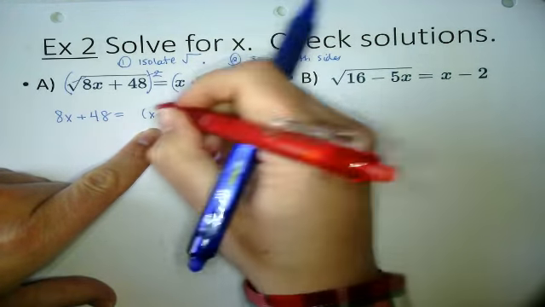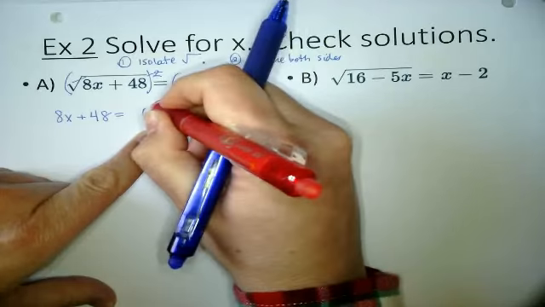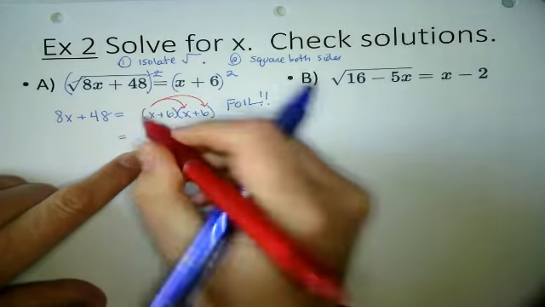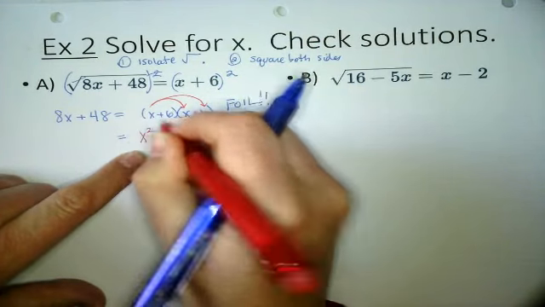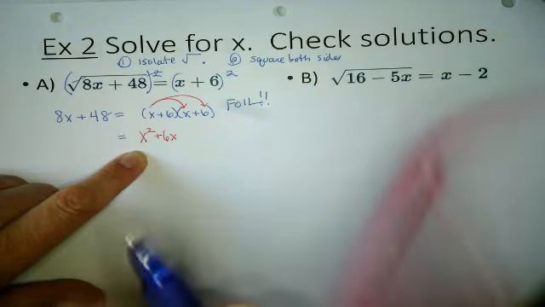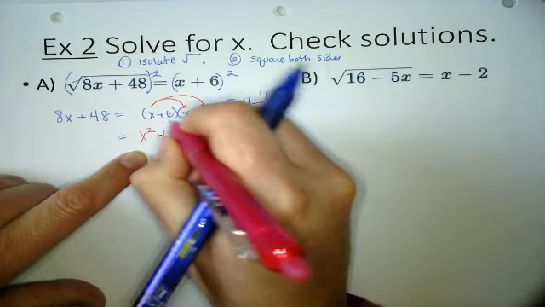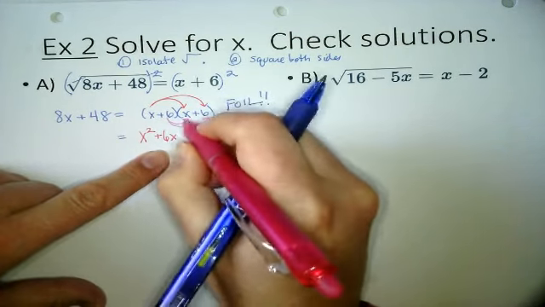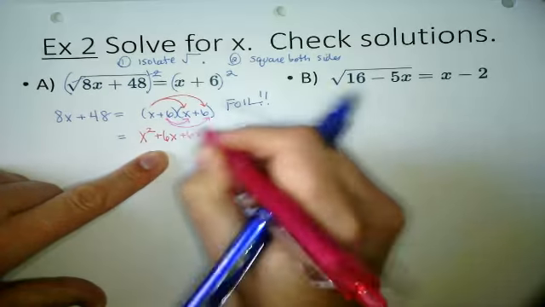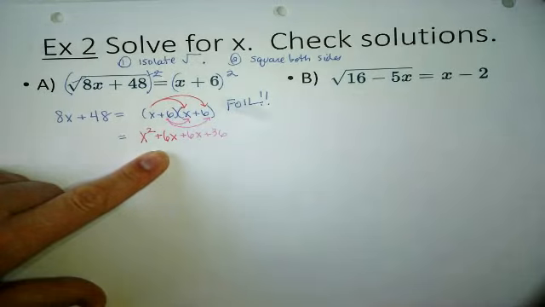So we are going to do that. First times first. X times x is x squared. X times 6 is 6x. We're going to distribute the 6. That's the inside there. 6 times x is another 6x. And 6 times 6 is 36.